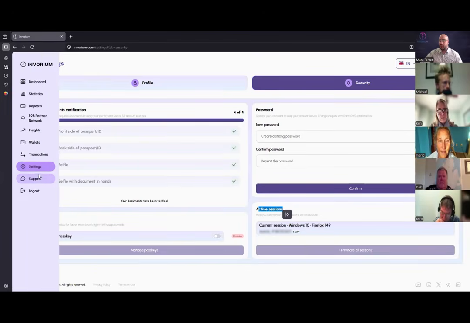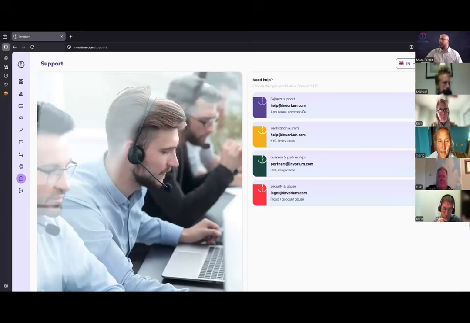And continue with support. Here it is. So that any of your requests is solved as quickly as possible, we have divided support into specialized channels. At first, general support for any questions of application work and the standard situation.